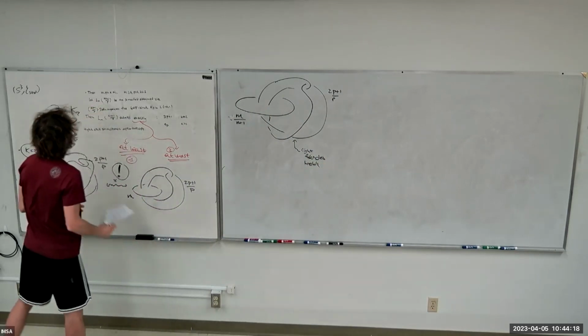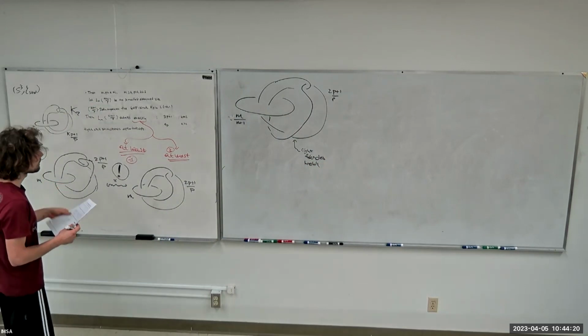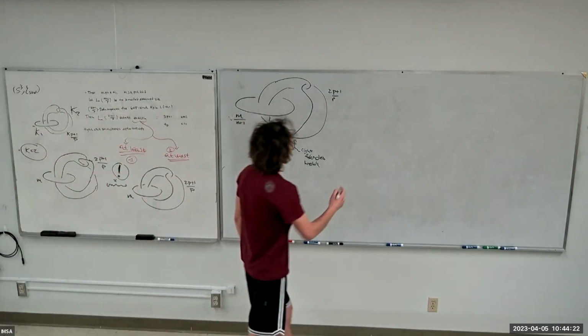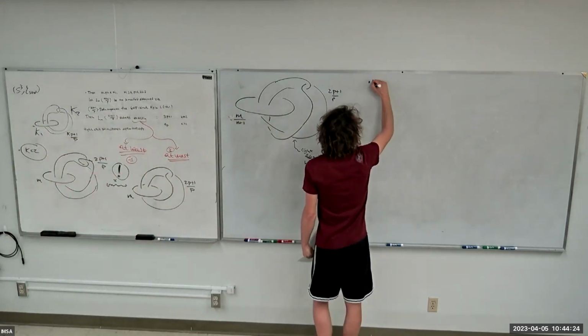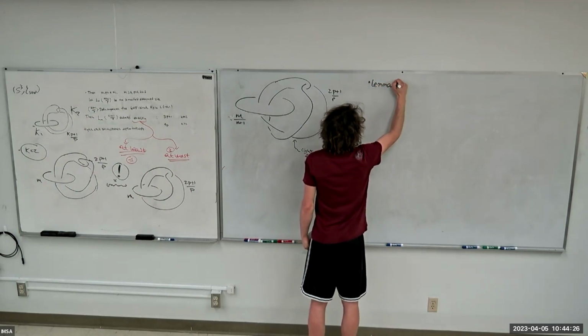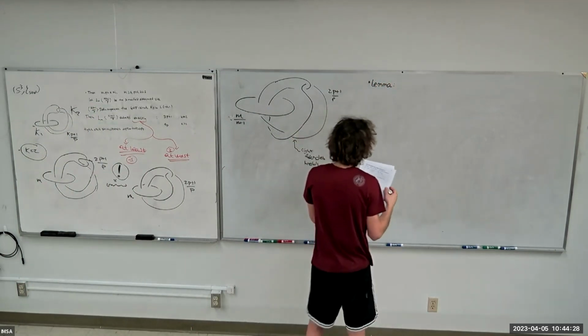Okay, so this is my working picture for the surgery diagram for this manifold here, and I will first need the following simple lemma, which is, I would say, just a number theory thing.